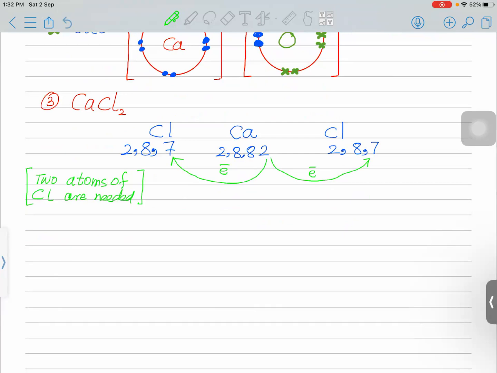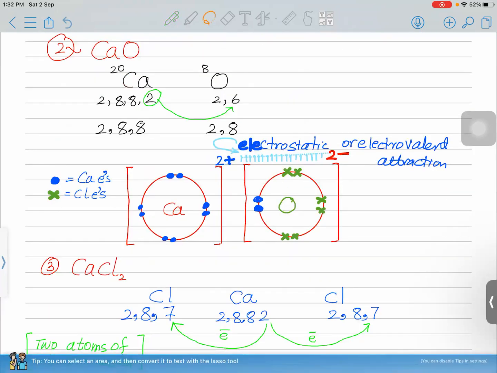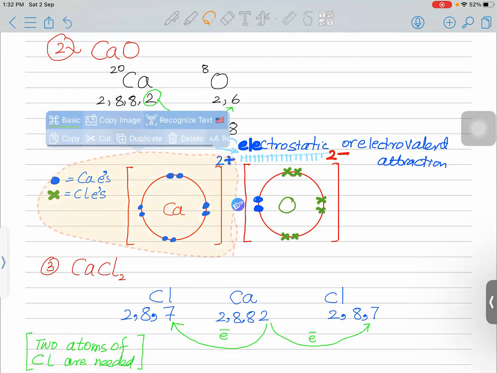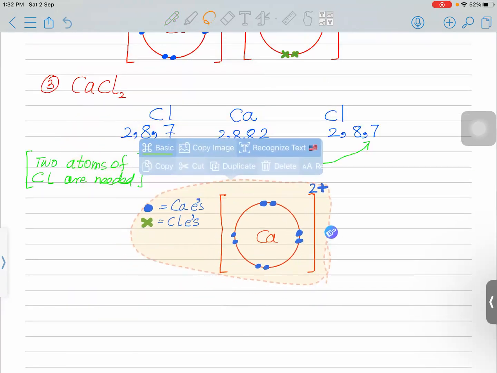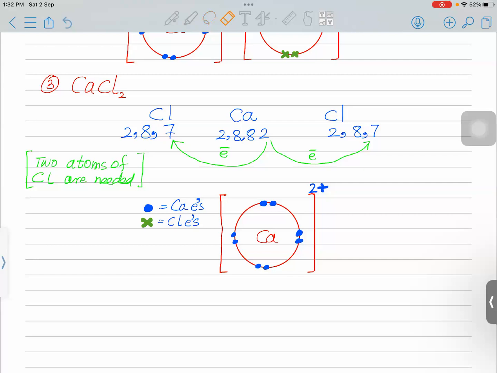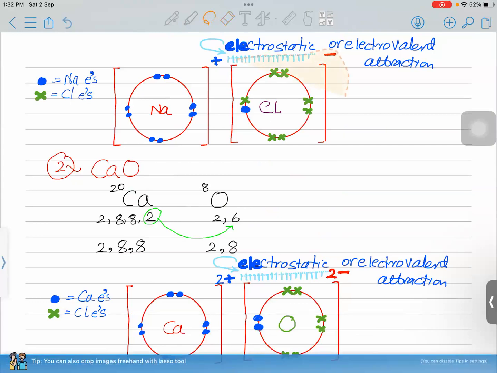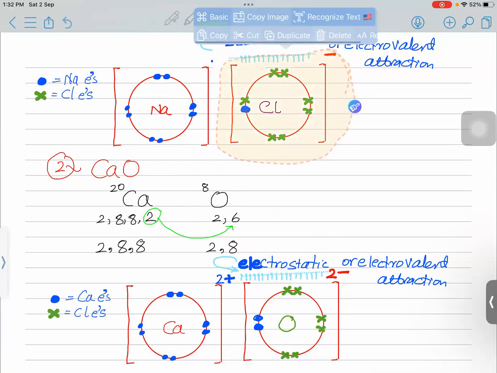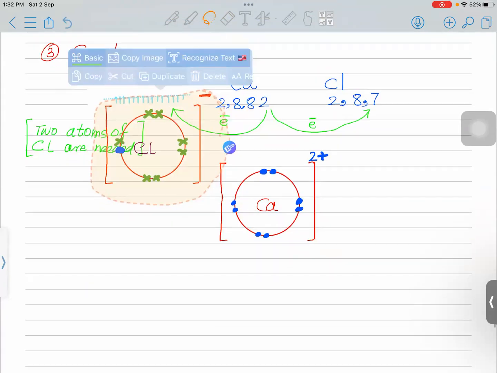Now 2 electrons are donated. Here we have calcium. 2 chlorines are required. This is 1 chlorine.